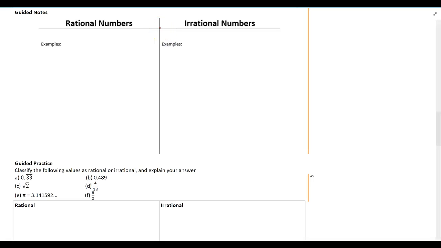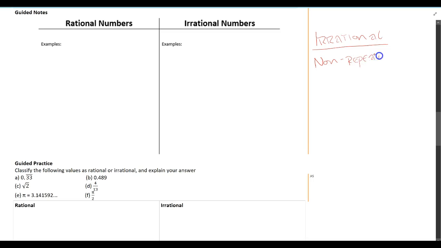They're the numbers that when you see them, they are two things. Irrational numbers are non-repeating, non-terminal, or terminating, or ending.